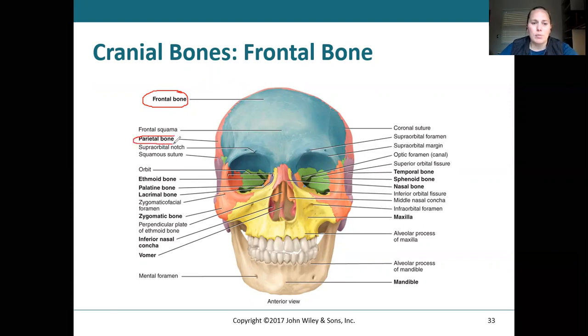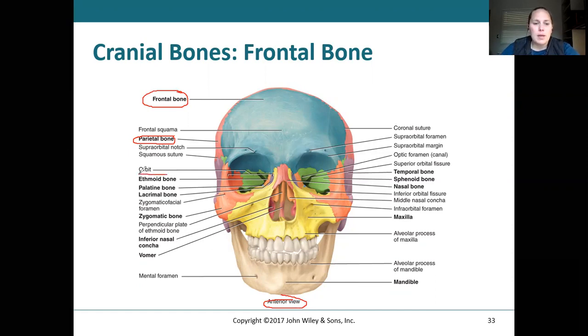Like I said, your parietal bone is also going to be covering up and protecting the parietal lobe of your brain. And we're going to see many of these bones in various different views. So this is going to be your anterior view, but we'll also see posterior, and we'll also be seeing different planes as well.